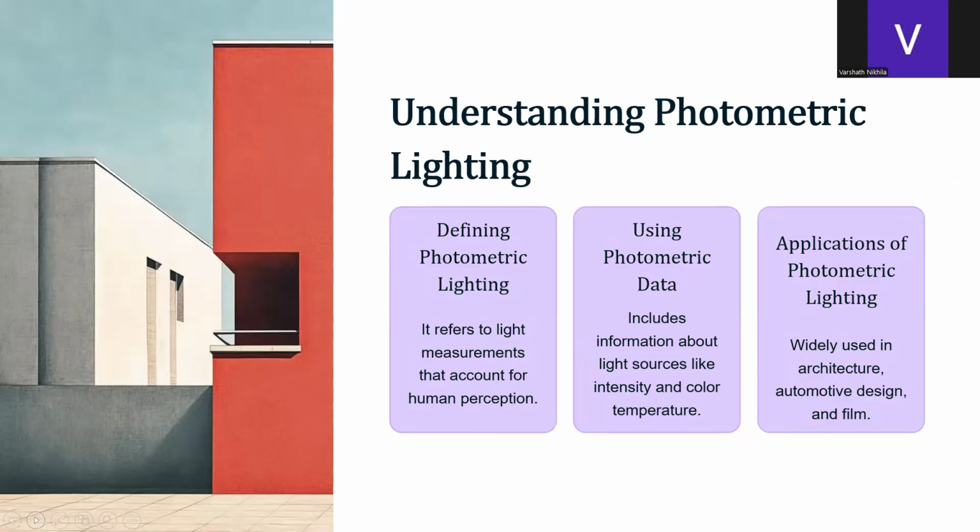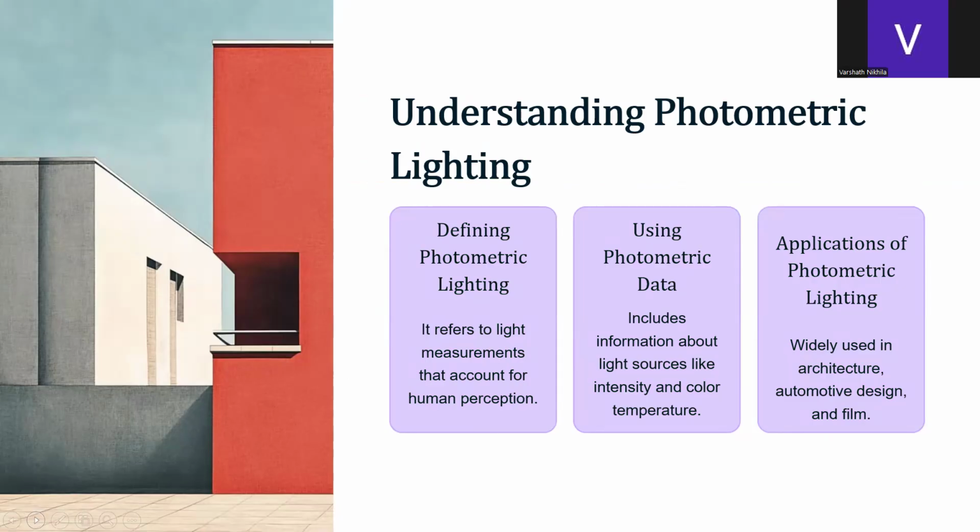And photometric lighting. Photometric lighting refers to light measurement that accounts for human perception. It uses real world lighting data like brightness levels, beam, and angle temperatures.